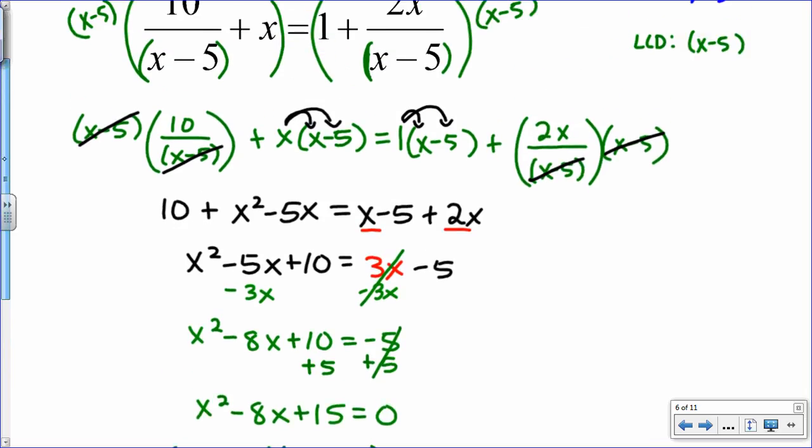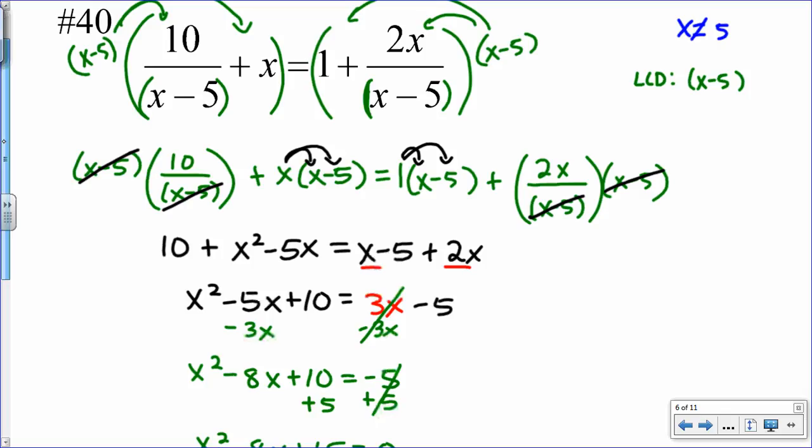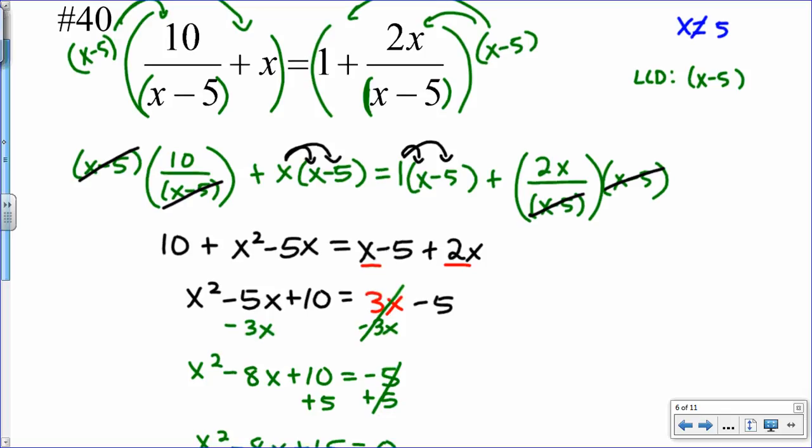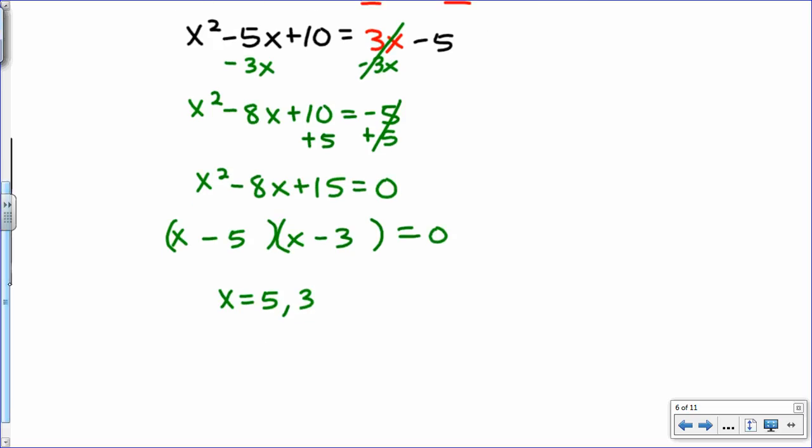But as I noted at the top, x cannot equal what? 5. So this is extraneous. 5 is still a solution, it's just an extraneous solution. I have to know that 5 is still a solution, but it's extraneous.